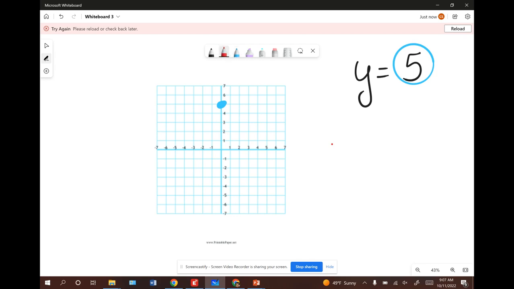There is no x there, because the x is being multiplied by 0. It has a slope of 0, which means the line does not go up at all. It can go over, but it doesn't go up at all. It's a horizontal line. So whenever you have y equals a number with no x there, it's going to be a horizontal line, and the slope is 0.